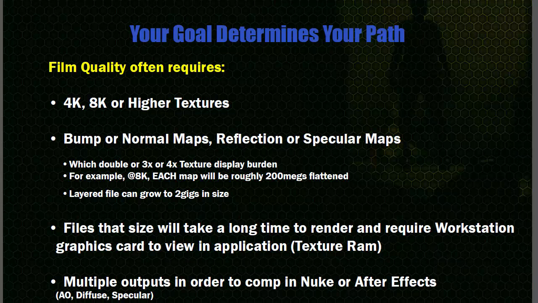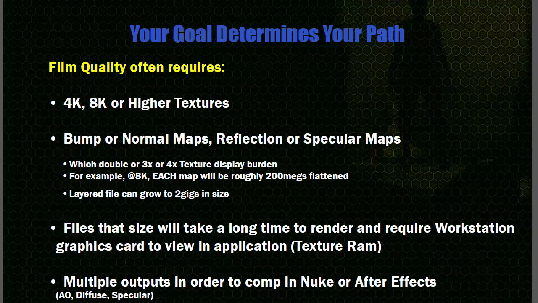We'll get into some ways to get around that in part two when we look at applications like Mari, which allow you to accommodate huge file sizes, huge amounts of texture maps, and also run in real time. That is where Mari and a couple other applications really shine, and that really sets them apart as far as the difference between using something like Photoshop and using a dedicated texture and shading application such as Mari.